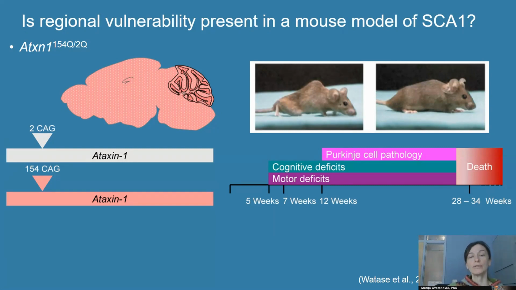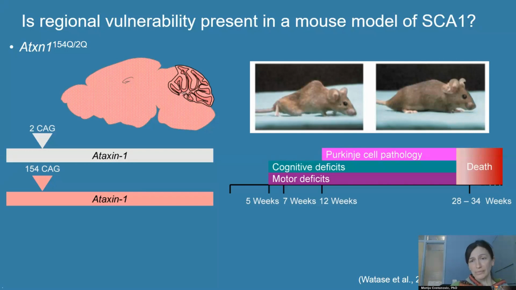This notation comes from the fact that 154 glutamine repeats have been knocked into the endogenous mouse locus. So this mutant protein is expressed throughout the brain, which is very similar to human patients, and it's expressed as one copy, which is also very similar to human patients.